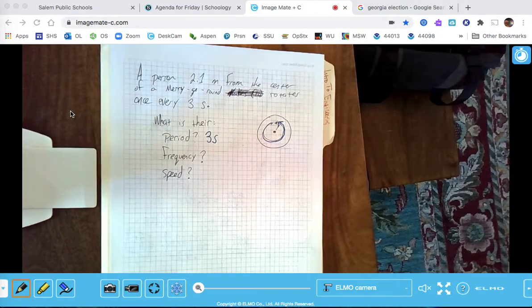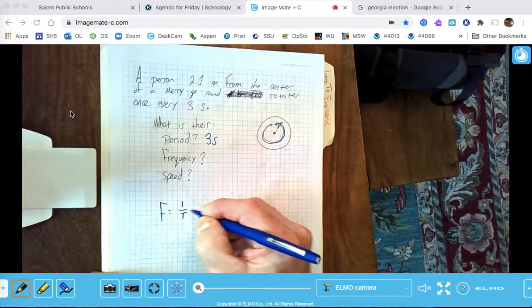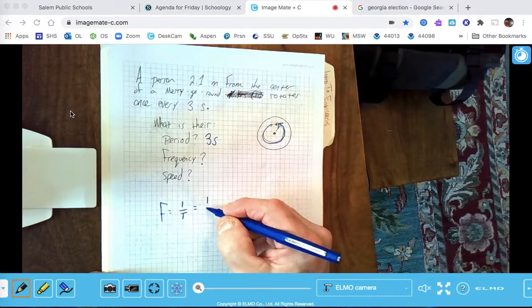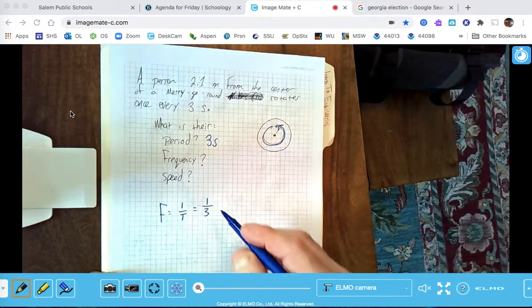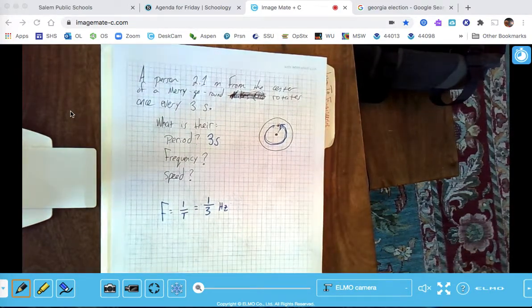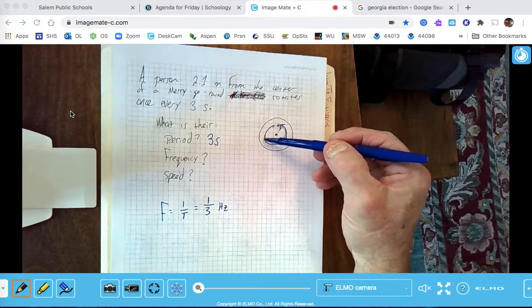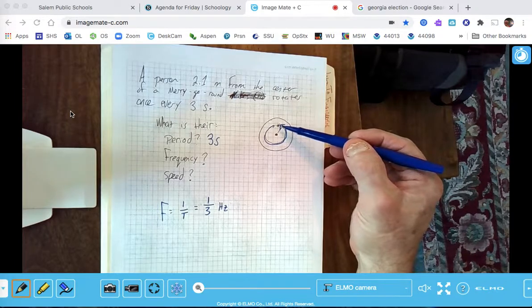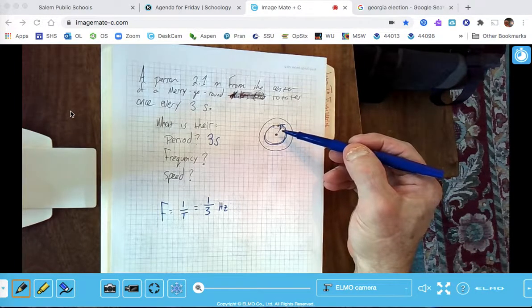Now, what's their frequency? Well, the frequency is the inverse of the period. Right? It's 1/3. 1 divided by 3. And those are hertz. So that makes sense to me, right? If it takes 3 seconds to go around once, how many times does it go around in 1 second? Well, 1/3 of a time.